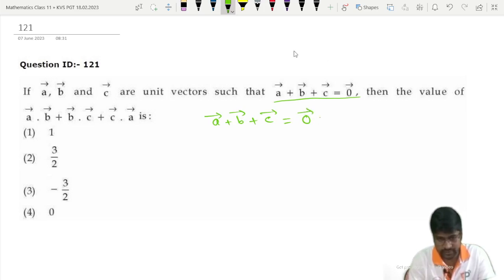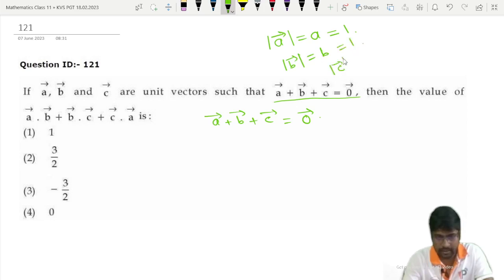And for simplicity, we will take mod a, the modulus of a, equal to a, and as they are unit vectors, mod a is equal to 1. Mod b, that is also equal to 1, and mod c is equal to 1. All these three conditions are given.